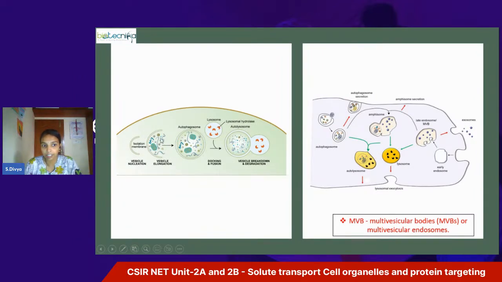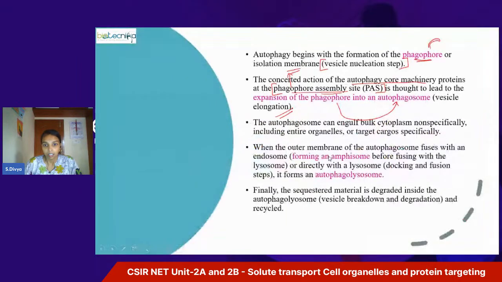Slowly, gradually, it will elongate and become a structure like this. So this autophagosome can engulf bulk cytoplasm non-specifically. It can randomly take up material, but it can also take entire organelles or target cargo specifically, that is, material targeted to be degraded.